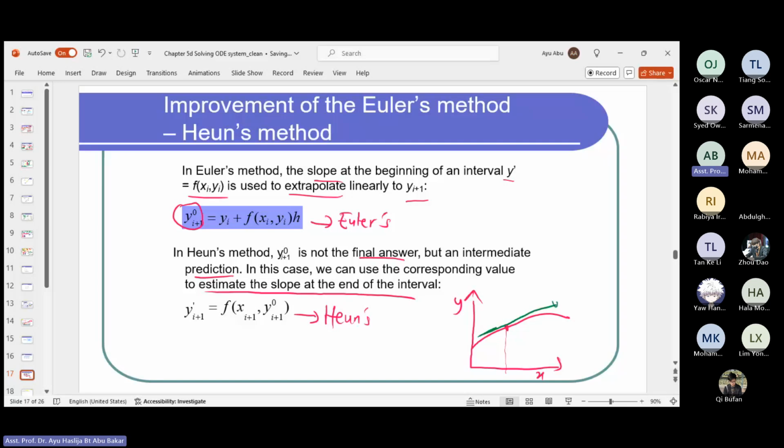So this is your predicted value using Euler's. But for Heun's, Euler's is just the intermediate, not yet the final answer. For Heun's, it will halve the error over here to get the value of the next point.